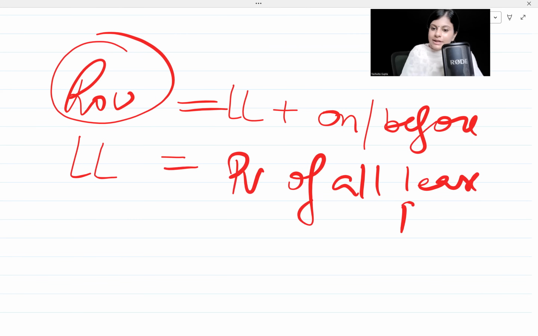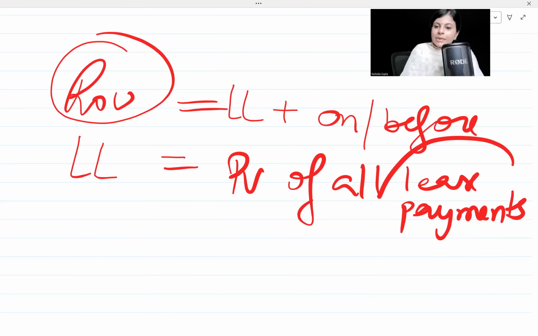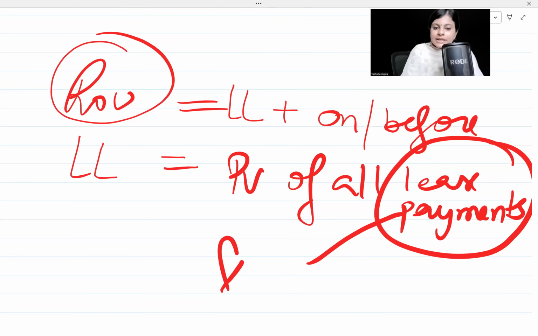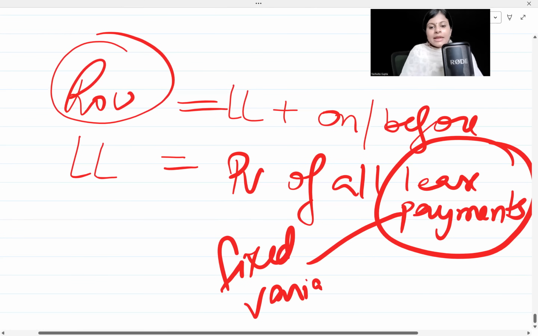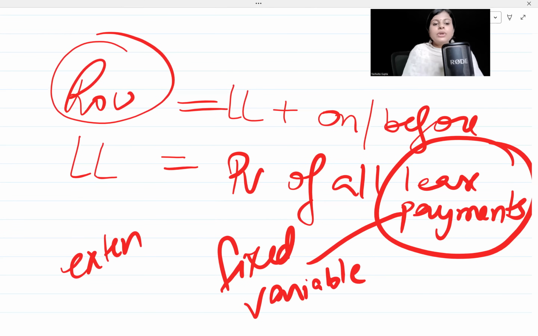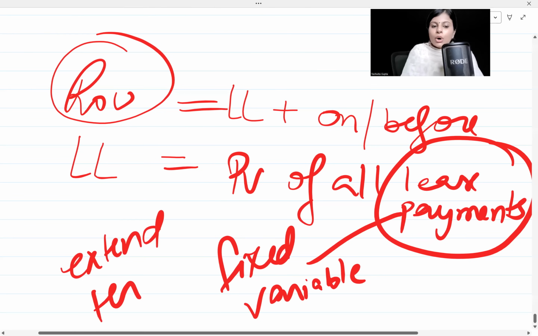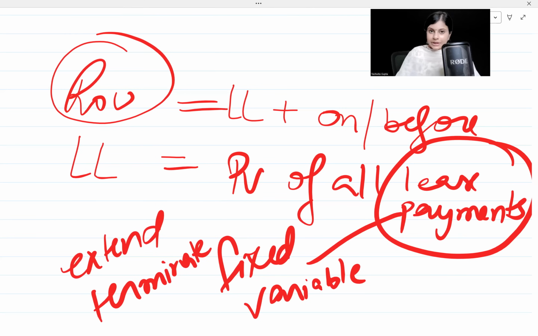So what is this present value of all lease payments? The lease payments comprise fixed lease payments, the fixed rent that you pay, variable rent that you pay, and any option to extend or any option to terminate the contract. All costs associated with these are added to your lease payment and you calculate the present value of it.